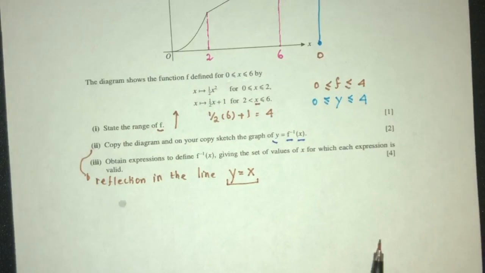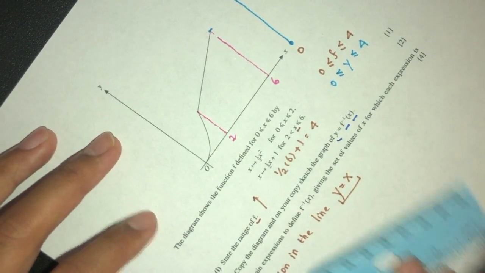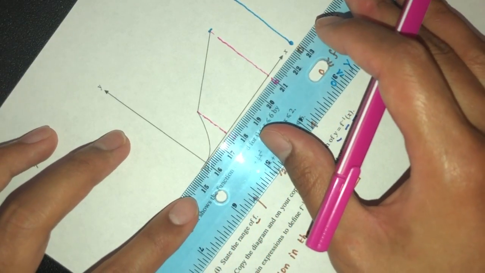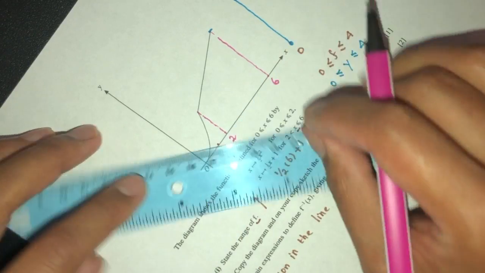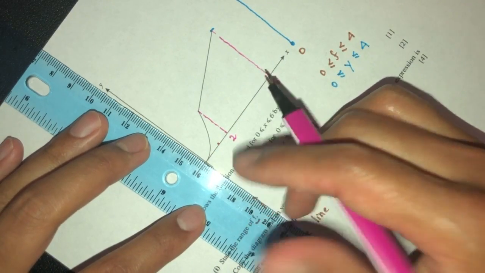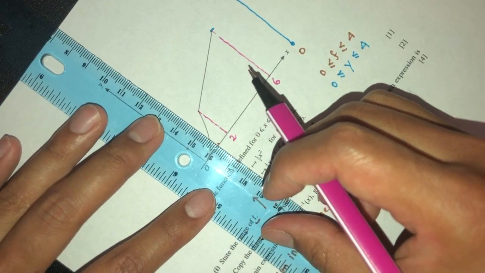So let me try that. I will have something over here. For example, let me measure this. So let's say this is 1, and there should be 1 over here as well. So they will join in the middle.